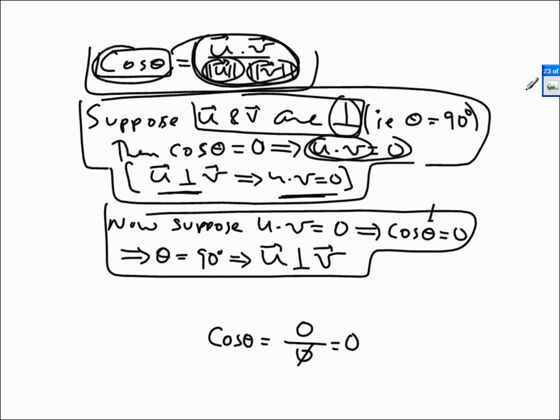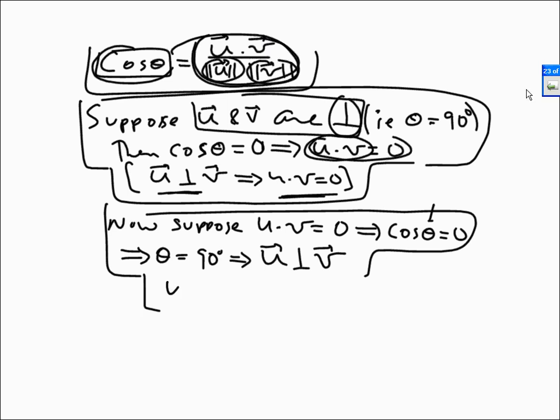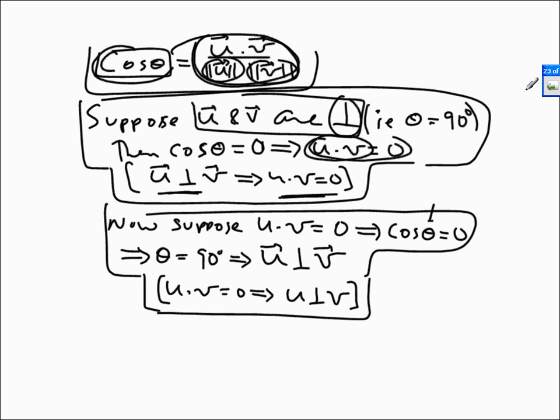And now we can state the theorem. Well, let me just write down in short notation what this means. If u dot v is 0, that implies that u is perpendicular to v. If u is perpendicular to v, the dot product is 0.